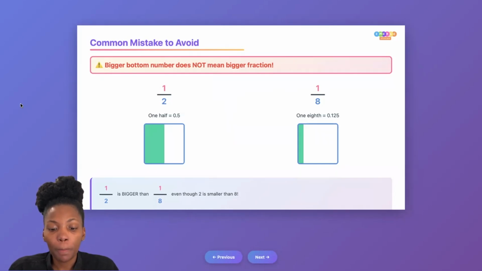Now, 0.5 is bigger than 0.125. So having a bigger number on the bottom doesn't necessarily mean that the fraction as a whole is bigger. 1/2 is bigger than 1/8, even though the 2 on the denominator is smaller than the 8. So don't look at the number on the bottom, because it doesn't always mean that the fraction itself is bigger just because the denominator is bigger.